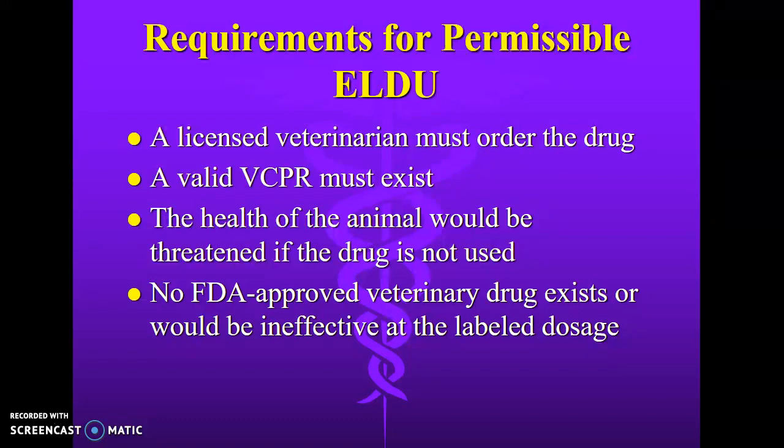The last condition here is that no FDA approved veterinary drug exists, or in the labeled dosage or drug regimen, it would be ineffective. So if there is a drug that already exists, but we're using it in a different manner than the way that it's labeled to be used, then that is going to be extra label.